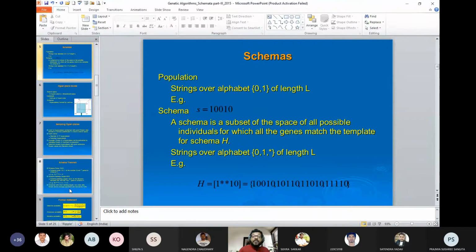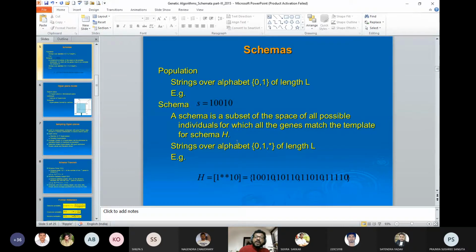I don't care about the second bit and third bit, but the last two bits will be 1 0, and the first bit is 1. So out of that 2 to the power 5 solutions, if you look into the set that represents all strings that start with 1 and end with 1 0, this H is a subset of the solution space, or all possible strings over 0 and 1 of length 5. Clear?